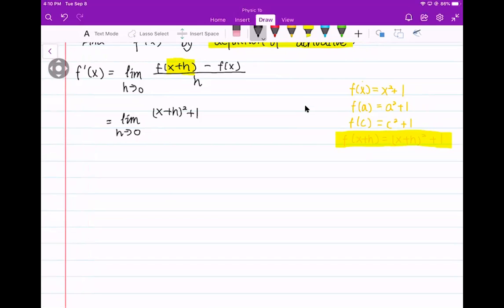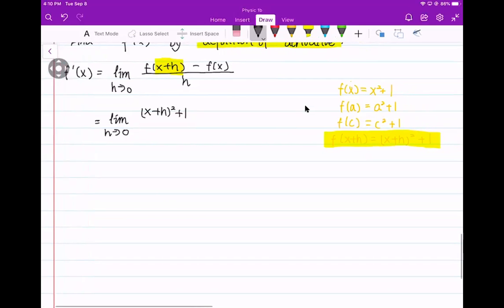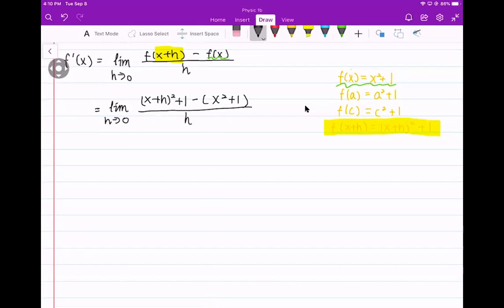And what is f(x)? Apparently, f(x) is the equation over here, so we just minus the equation, which is x squared plus 1. Then we copy the h in the bottom. Okay, now we just solve for the equation on the top of the fraction.